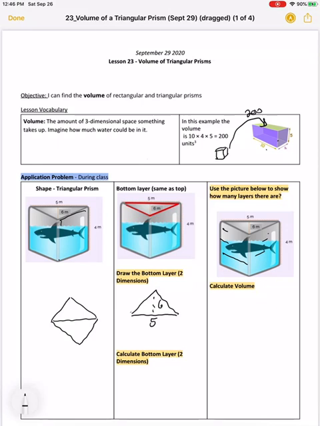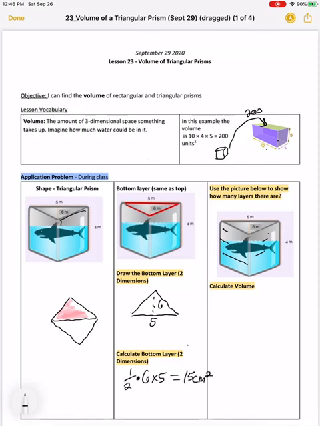Well, it is half. If we look at the relationship, it's half of a rectangle. And so if I have 6 times 5, I can multiply times 1/2 to show that I've got half of a rectangle. So this would be 15 centimeters squared.